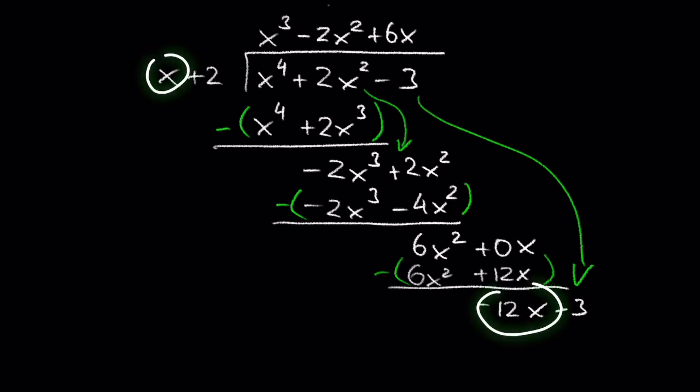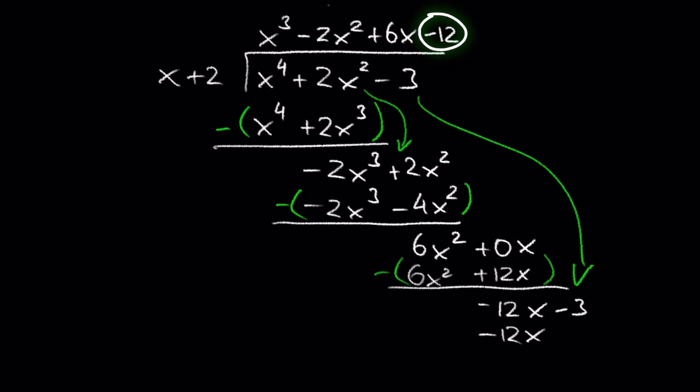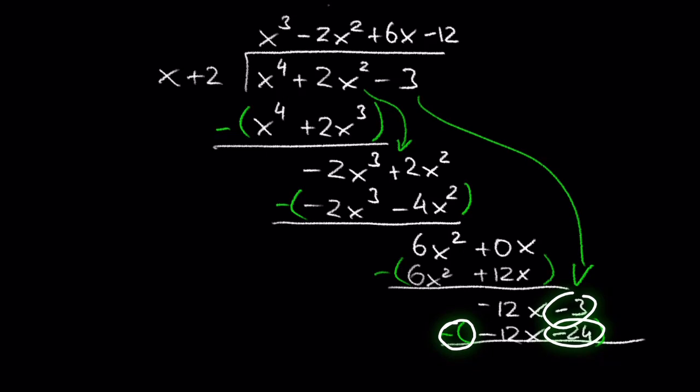Minus 12x divided by x is minus 12. Minus 12 times x is minus 12x, and negative 12 times 2 is negative 24. Negative 12x plus 12x is 0, and negative 3 plus 24 is 21.